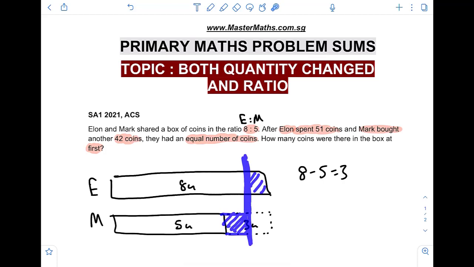Okay, same number of coins. And take note, this part here we know it is 51. This part here we know it's 42. So if you add these two shaded parts, we can see that it actually makes up that 3 units.